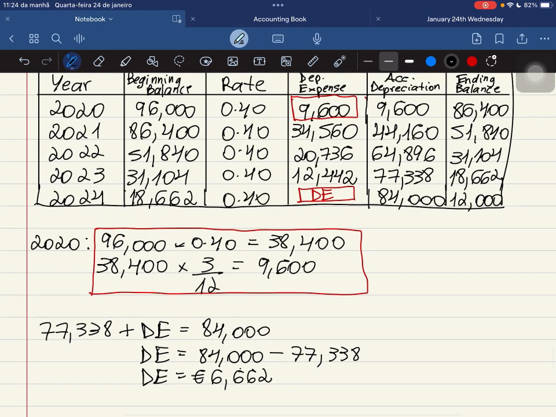So this value would have to be necessarily 6,662. And this comes from over here.